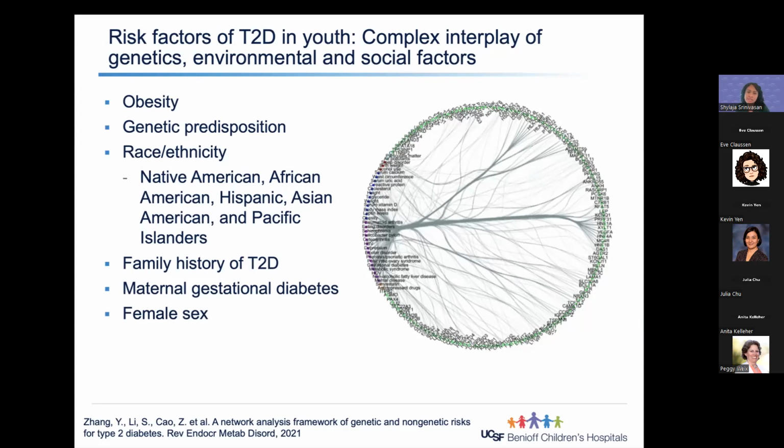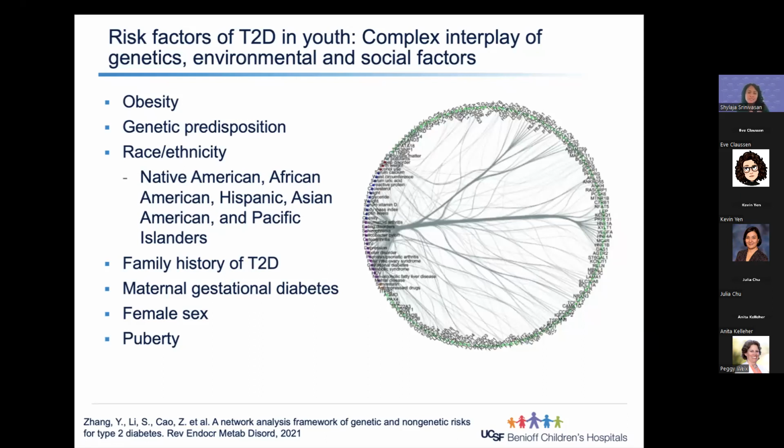The reasons are not entirely clear, but it's thought to be maybe related to the earlier onset of puberty in girls compared to boys. And then puberty itself, I think, is a very unique phenomenon that predisposes children to type 2 diabetes. So puberty in all children, regardless of whether they go on to develop diabetes or not, is associated with a transient decrease in insulin sensitivity or increase in insulin resistance, secondary to the effects of hormones such as growth hormone.